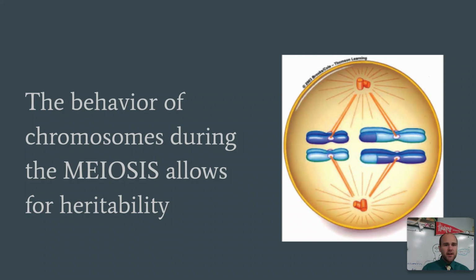Since it'll be random which gamete fertilizes, our chromosomes can all get mixed up. It's this random assortment of different genes being on different chromosomes and different alleles on different homologous chromosomes when they separate that's going to lay the foundation for a lot of our understanding.